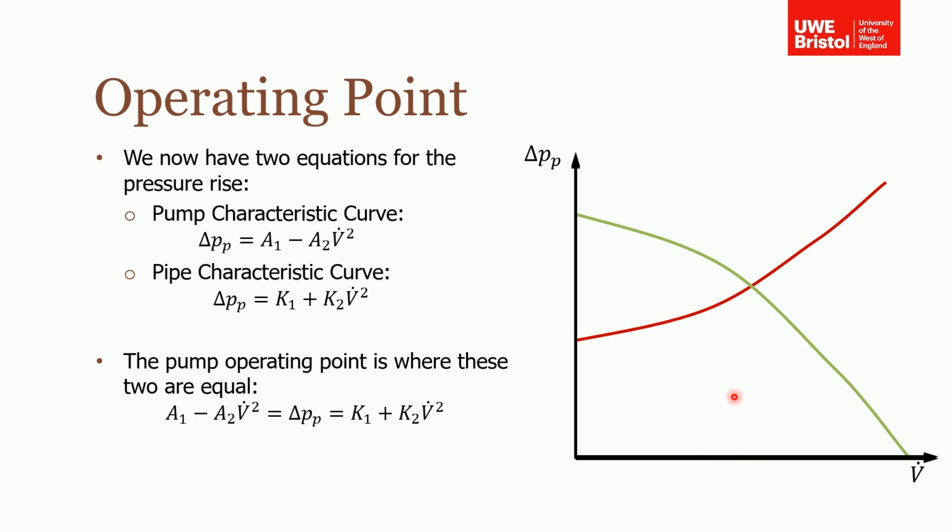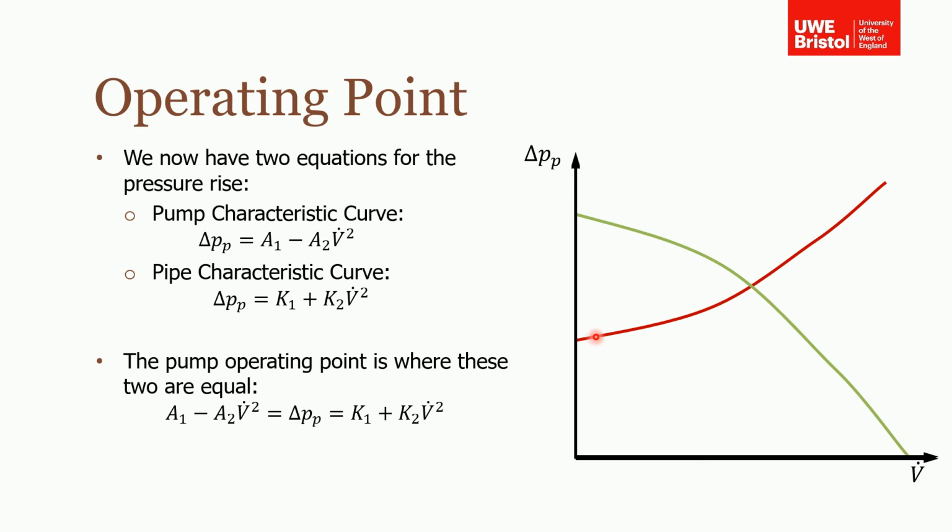So for our particular example we would need this pressure rise, whatever it is, to overcome the pressure difference and the losses in the system, and the resulting flow rate would be this if we were to read it down onto the x-axis. You can solve these types of problems two ways. Either mathematically, so you've got an equation here, you'd know A1, A2, and you'd be able to work out K1 and K2 from the values in the question, so you can just solve for V squared.